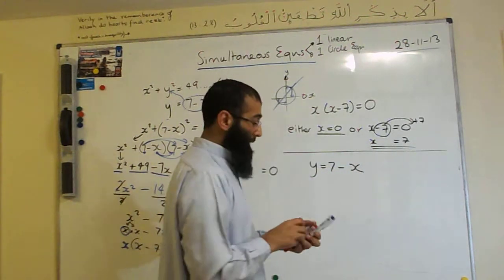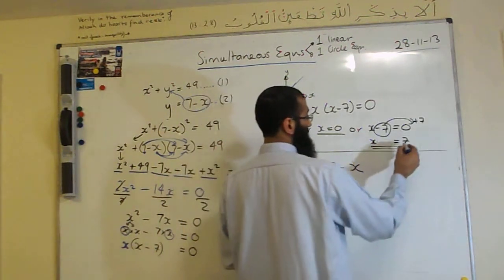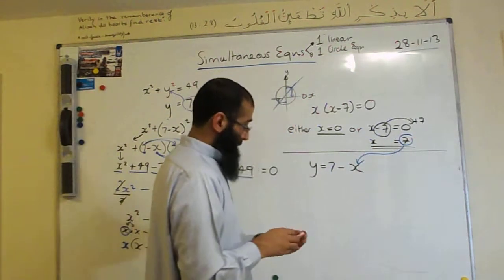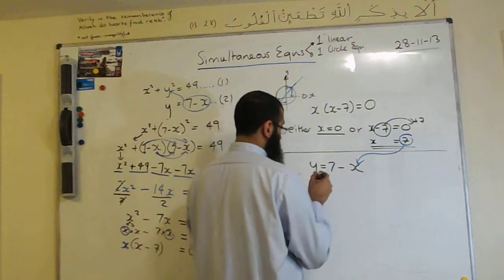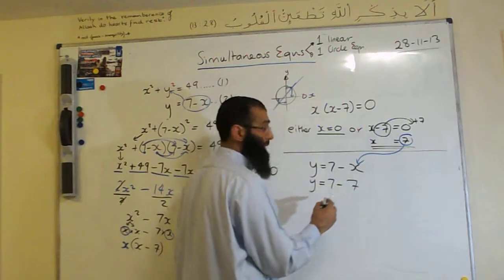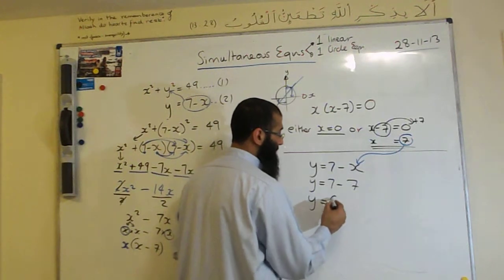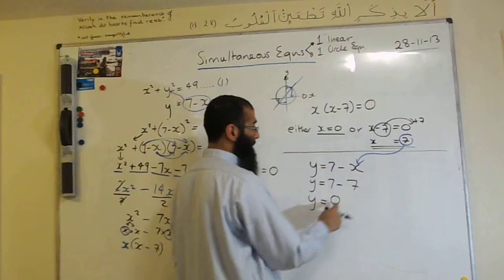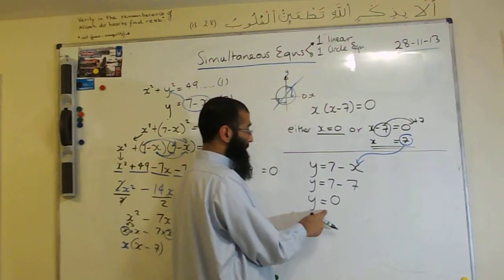So the value of x is 7. Put the 7 into here. So we have now y is equal to 7 minus 7. So y is equal to 0. Okay, so when x is 7, y is 0.